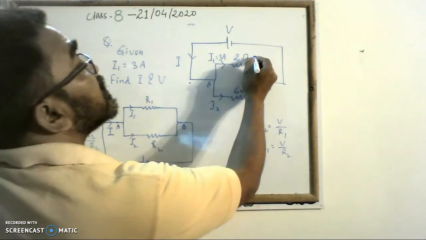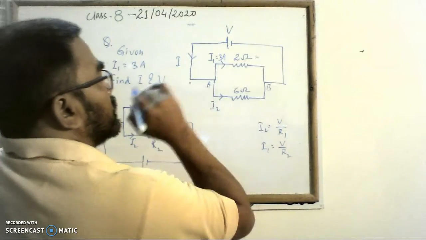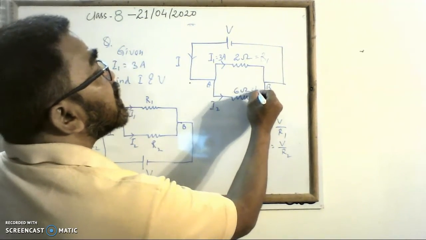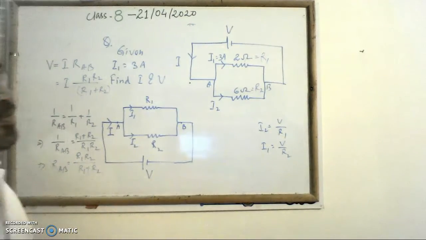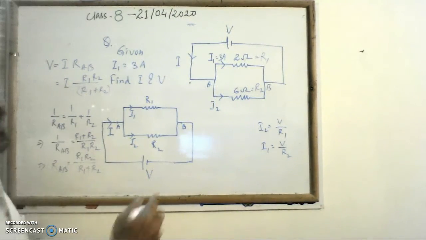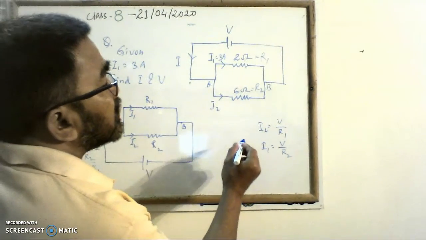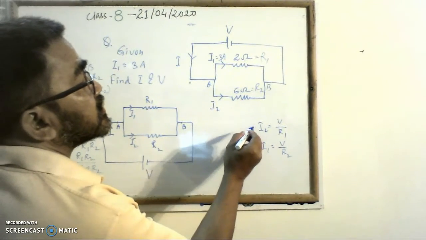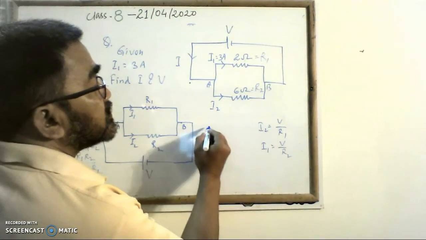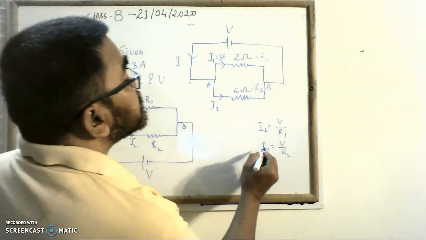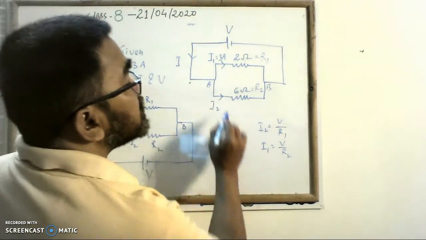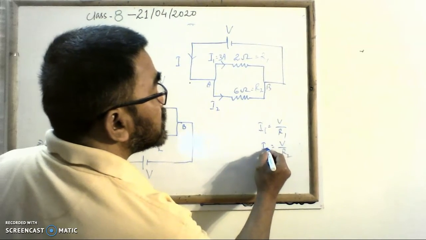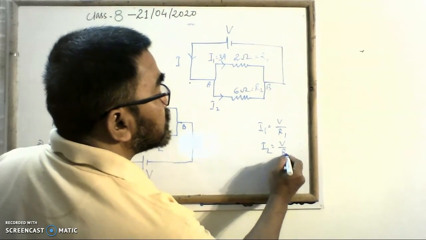Suppose we are giving this as R1 and this as R2 in our problem. Okay, so I1 is equal to V divided by R1 and I2 is equal to V divided by R2.